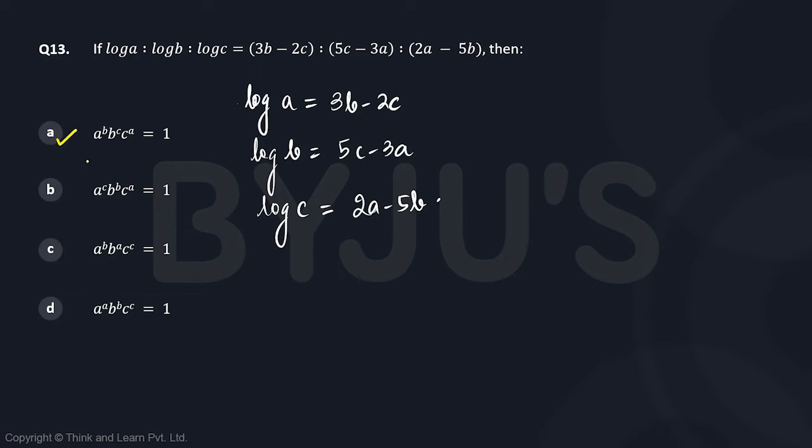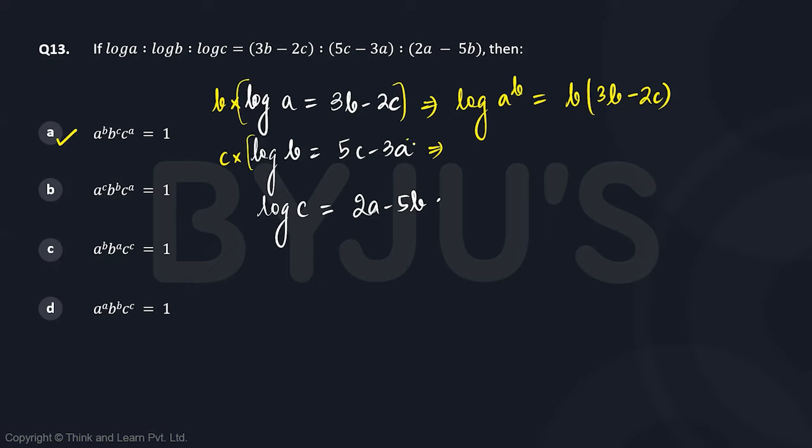Suppose I check option A, if this is the answer or not. So I'm supposed to multiply this with B so that I will have log A to the power B, which is going to be B times 3B minus 2C. And similarly, I'll have to multiply the second equation with C, the entire thing, right?